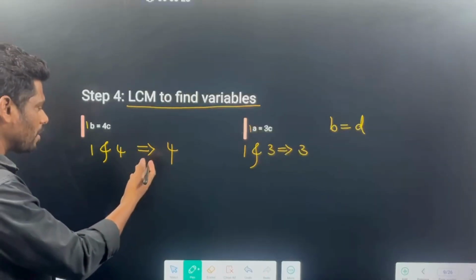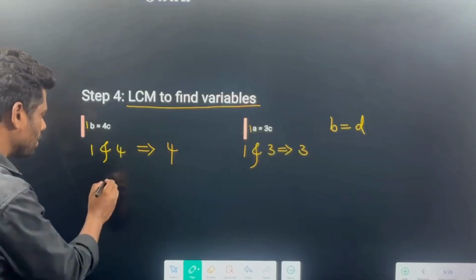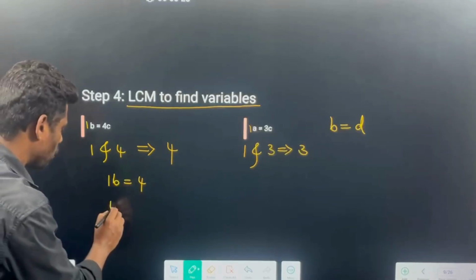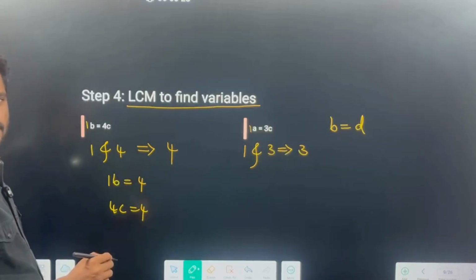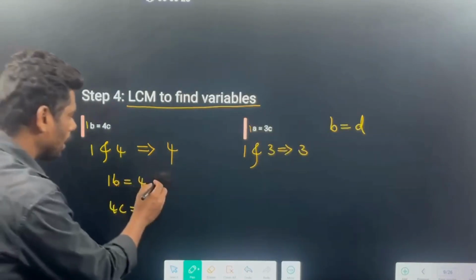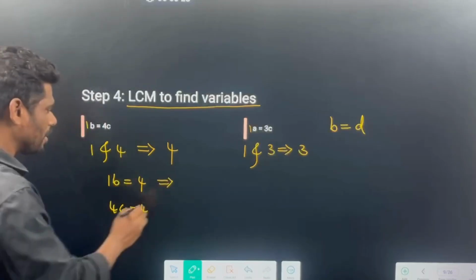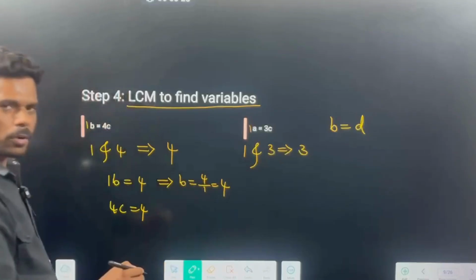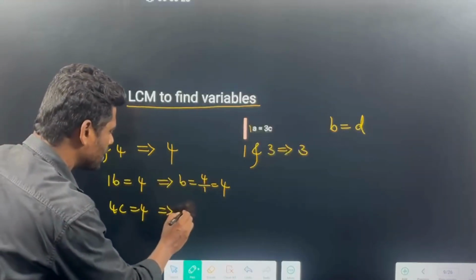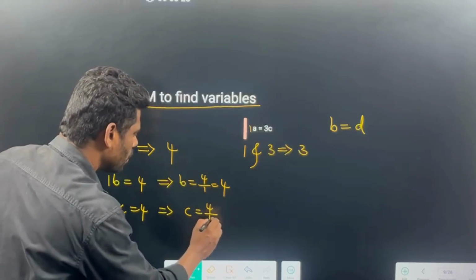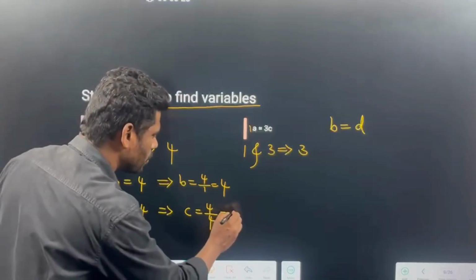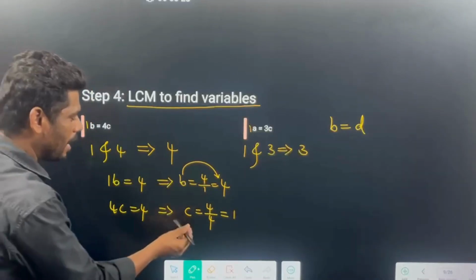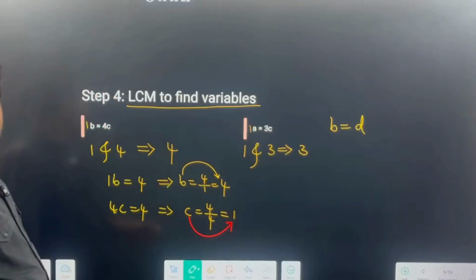Now from this relation, what to do in the next step is simple. Write 1B equals 4 and 4C equals 4. Now from this relation, we get the value of B as 4 by 1, that is 4, and the value of C equals 4 by 4, which equals 1.